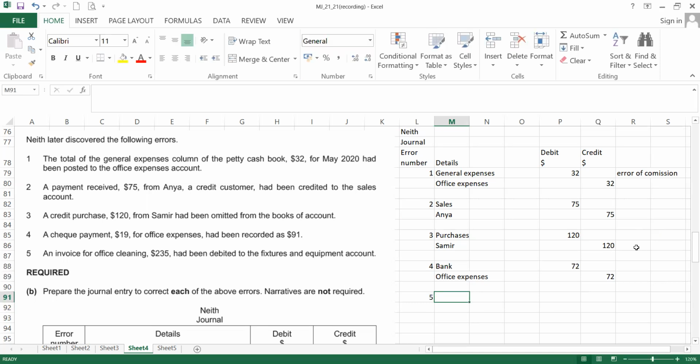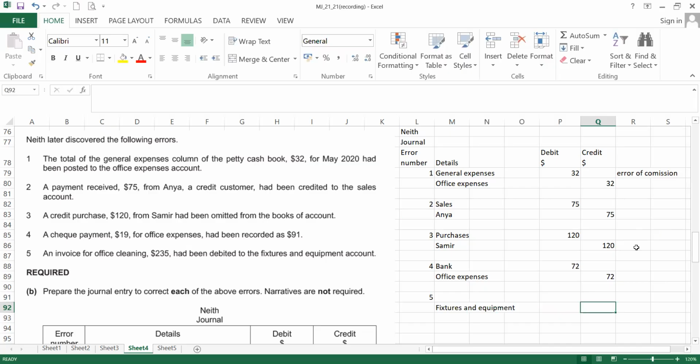Question 5. An invoice for office cleaning of 235 has been debited to the furniture. This is an error of principle. We have to reverse the wrong account, which is furniture and equipment, because we wrongly debited to that.